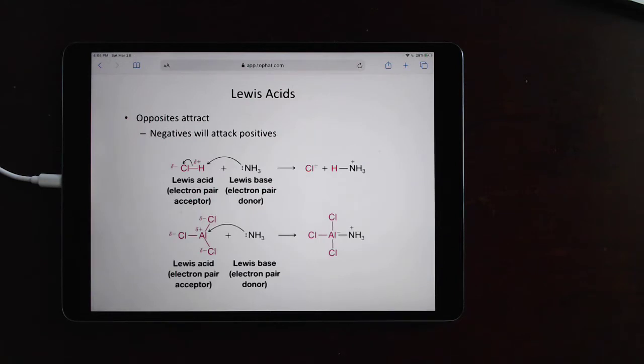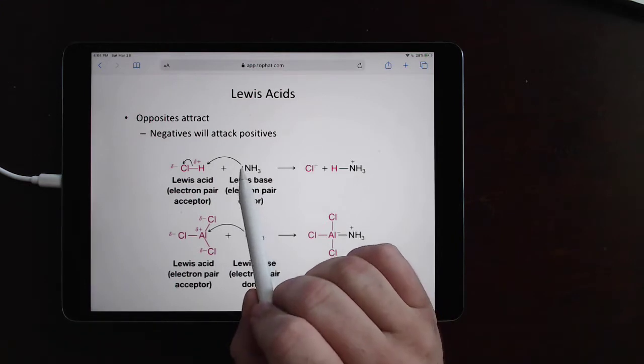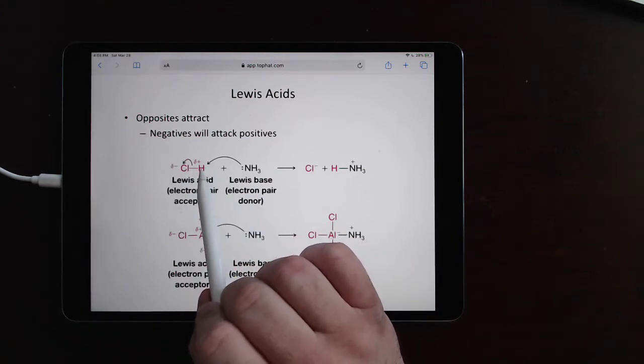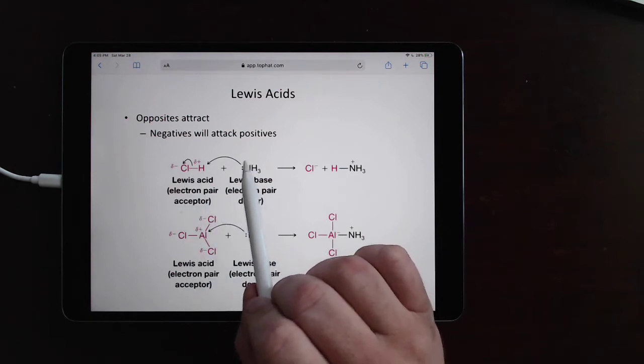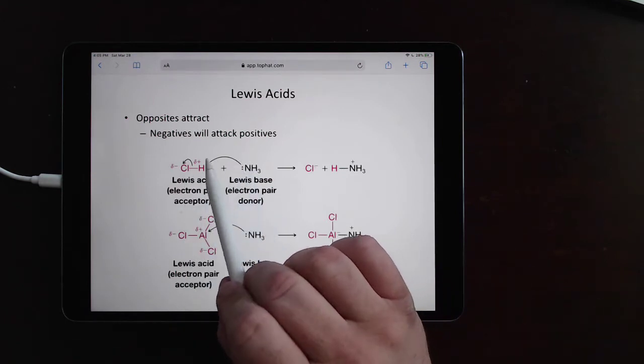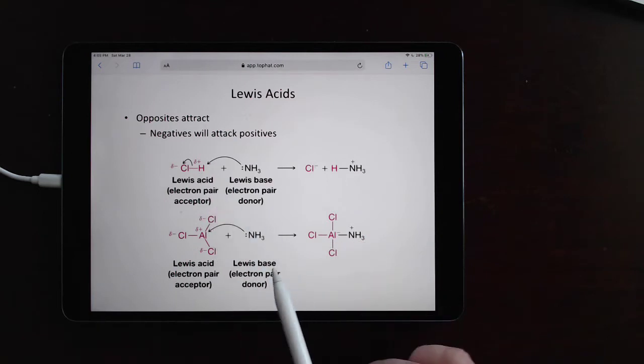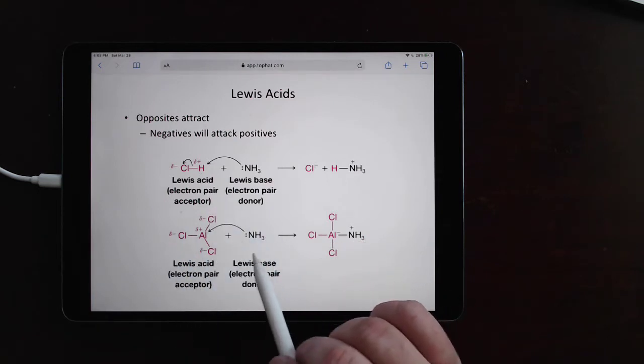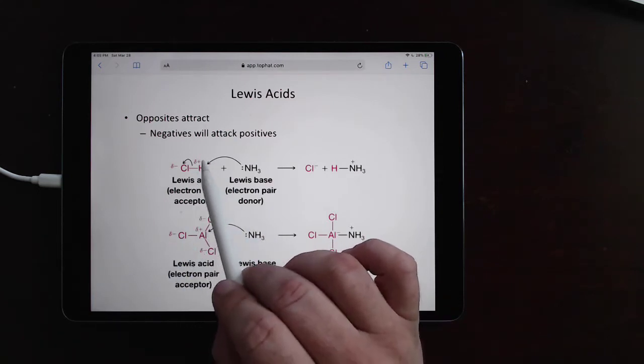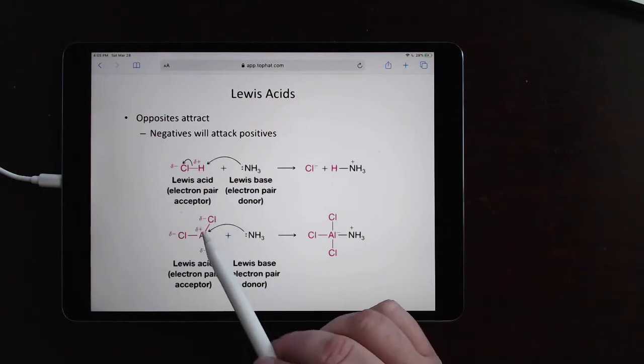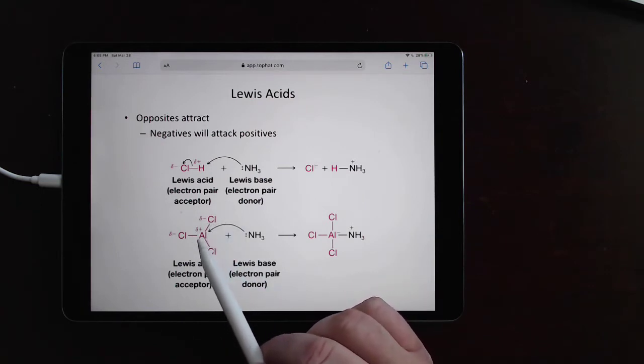Okay. So remember, for all of these, opposites are going to be attracting. So if you've got a lone pair here, you've got partial positive, partial negative. The lone pairs have negative character in them. They are going to want to form a bond to this partial positive. Same thing goes here. Lewis acid, whether it's a hydrogen or something like aluminum chloride, it's going to have a partial positive charge.